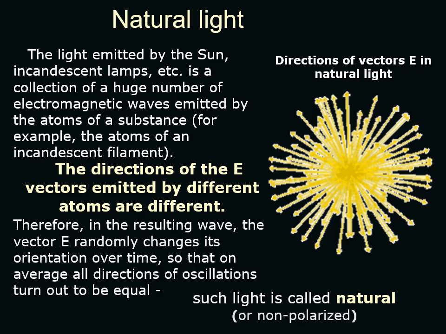Since the light sources that surround us are a collection of a huge number of atoms simultaneously emitting electromagnetic waves at the same moment, then, of course, a set of vibrations like this, if they could be depicted, would be separate lines.